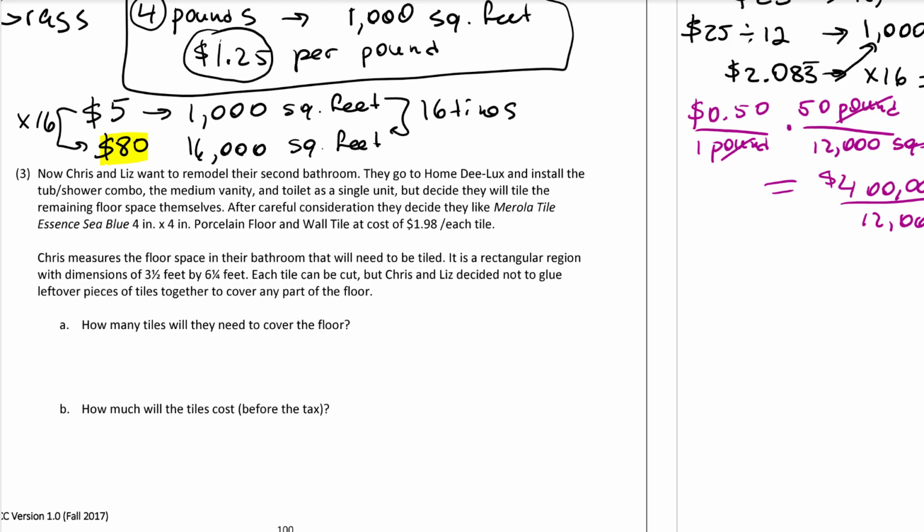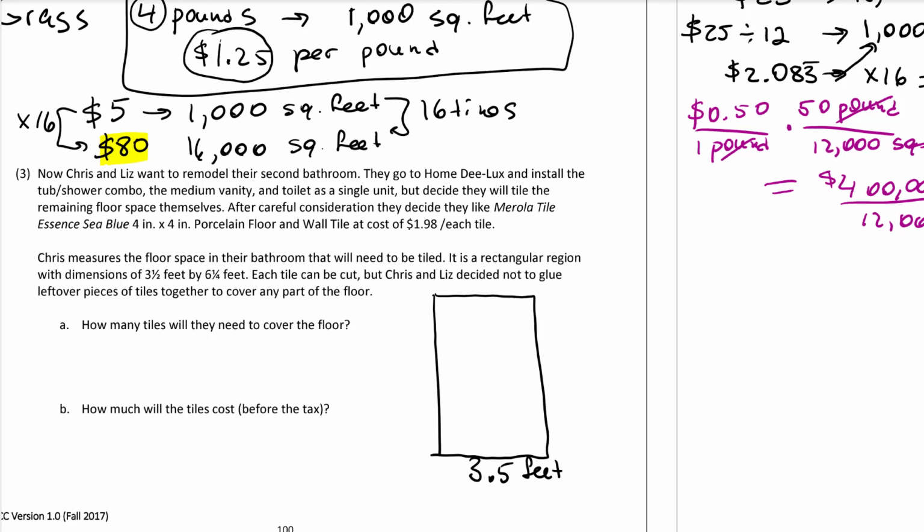So they measure the space in their bathroom, and it is a rectangular region. So let's draw a rectangle. It will help us to model this. It's 3.5 feet wide. Notice I'm converting this into decimal just to make our life easier when we do calculations.